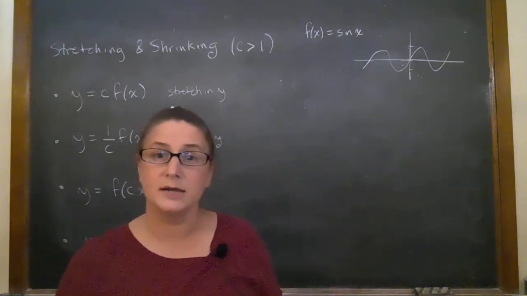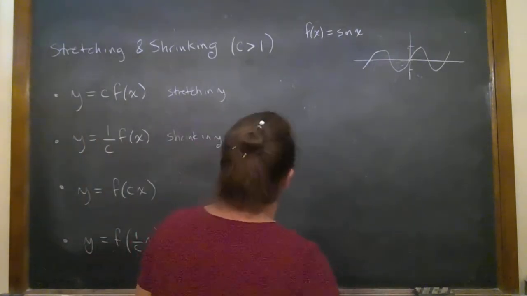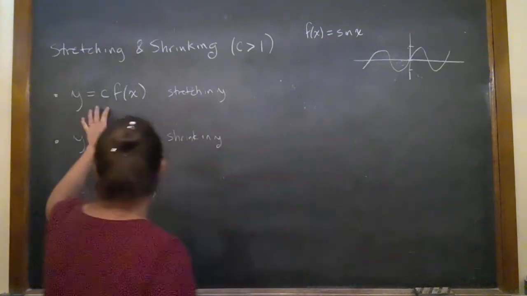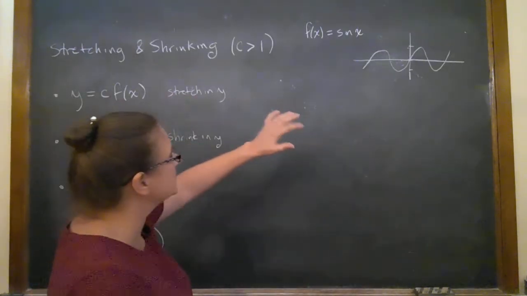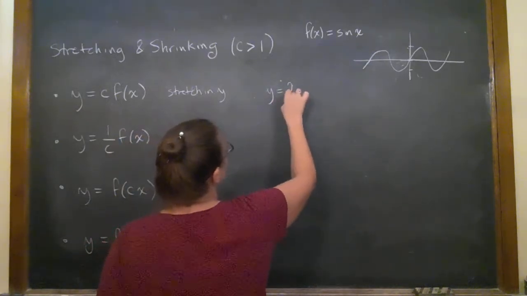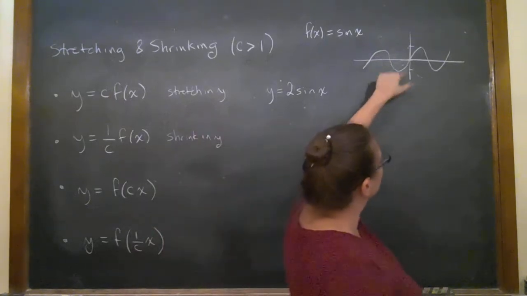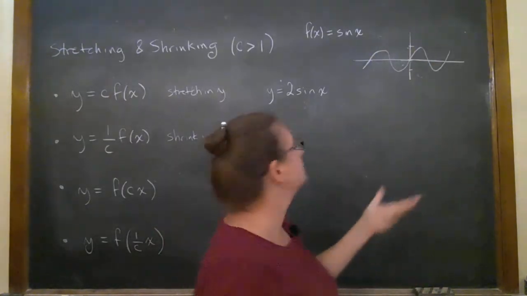It's perhaps not as easy to see when you don't have something nicely bounded, but you can see it very easily here, because if I do y equals 2 sine x, instead of going from -1 to 1, I'm going to go from -2 to 2.